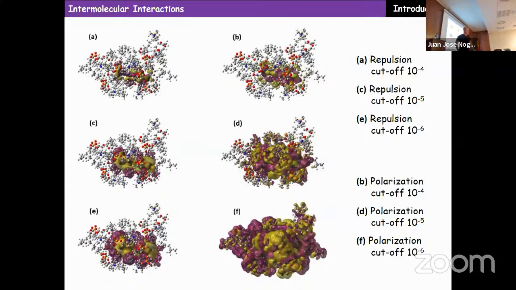Some illustrative example of long range. Why do I talk about long range and short range? This system is polychlorinated dioxin, tetrachloro-dibenzodioxin, TCDD. It is the most toxic dioxin in nature.